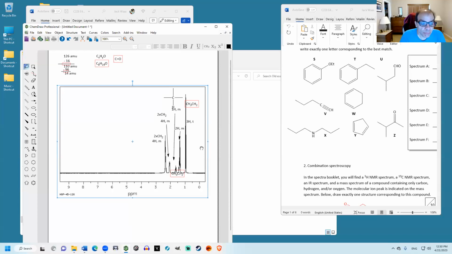Let's see if we can account for all the hydrogens. There are 14 hydrogens. 3 plus 2 is 5, plus 1 is 6, plus 4 is 10, plus 4 is 14. So we've accounted for all of the hydrogens. With, again, the plane of symmetry. It almost looks to me like we have our carbonyl.